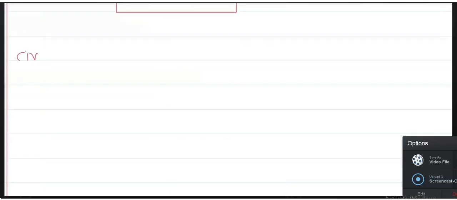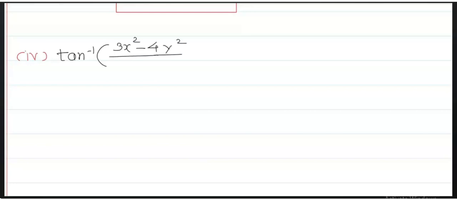Next is the fourth one: tan inverse of 3x square minus 4y square upon 3x square plus 4y square is equal to a square.